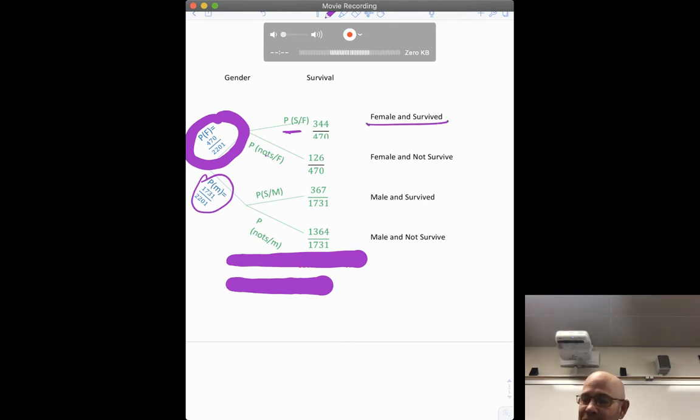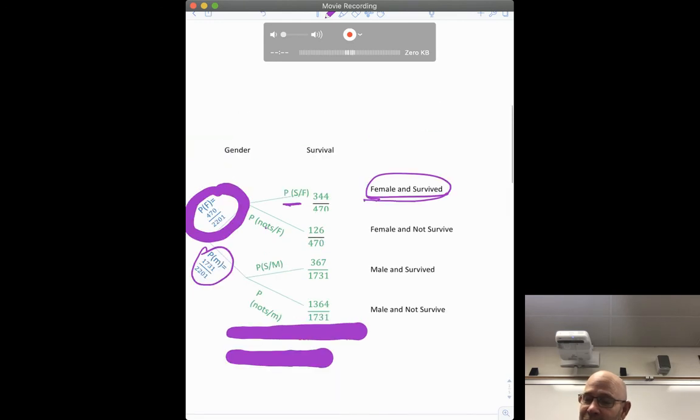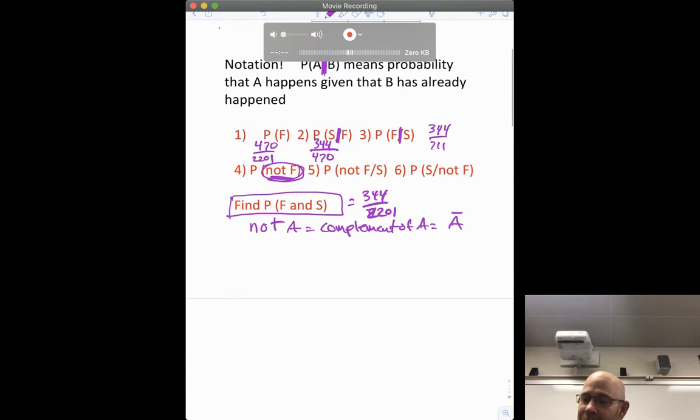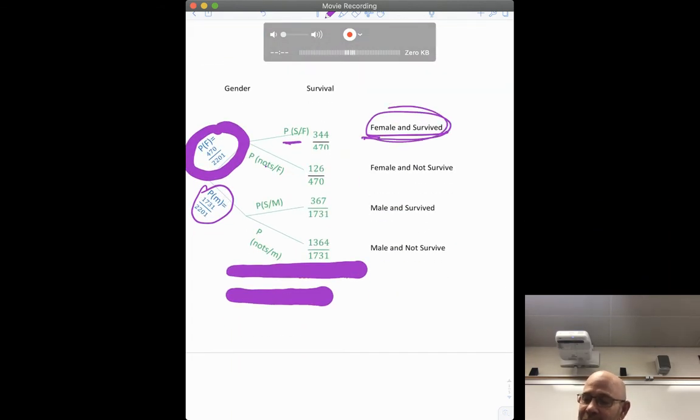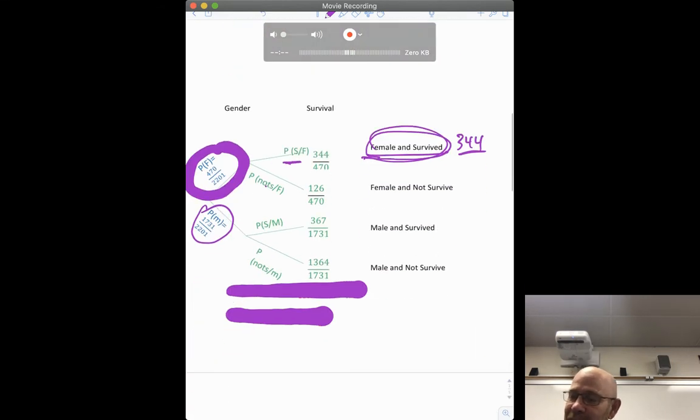And then what you have over here are the conditions. So if I said, what's the probability of female and survived? Notice the 344 out of the 2201 is this one. Now we're going to look a little mathematically. Because we know the answer needs to be 344 over 2201, where did those numbers come from in this tree diagram?